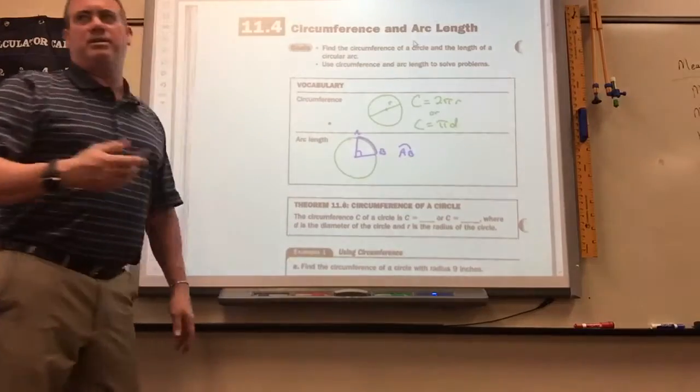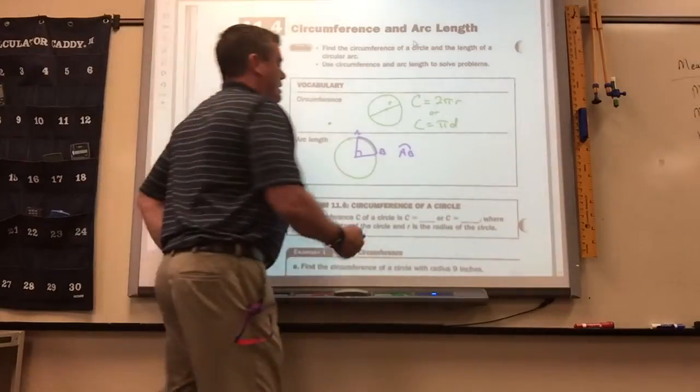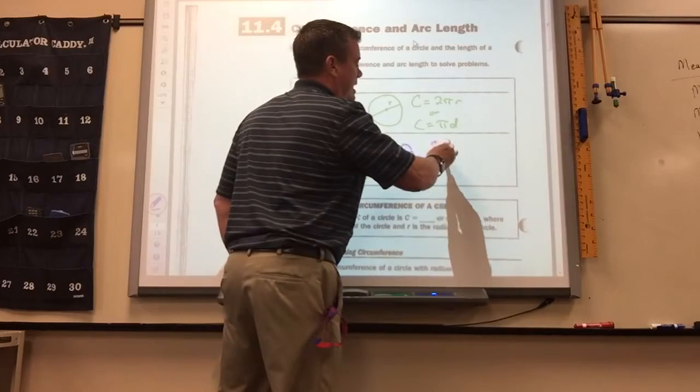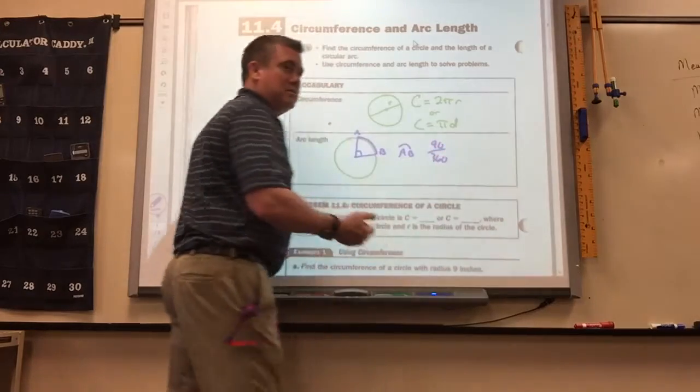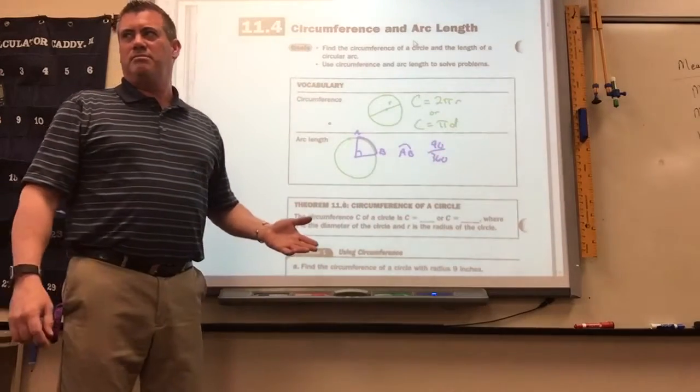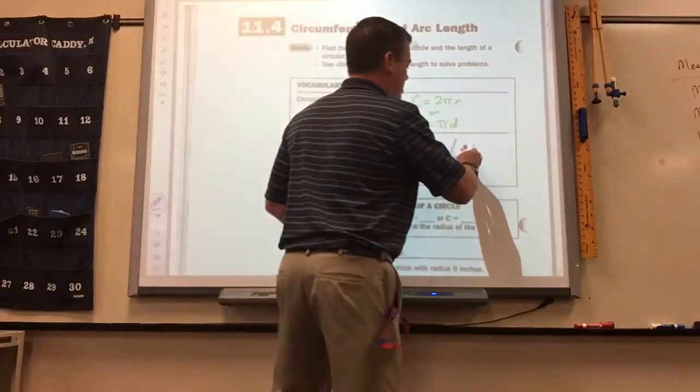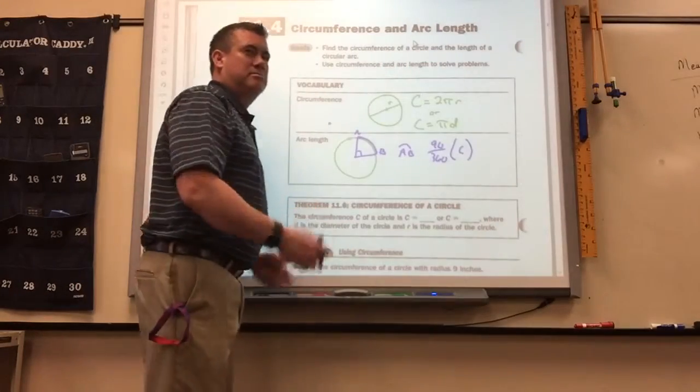Or a better way to think of it is, it's not always 90. You would just take 90/360ths, which is 1/4, right? Times the whole circumference.